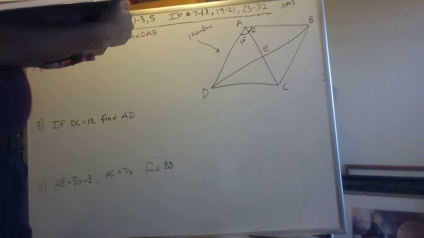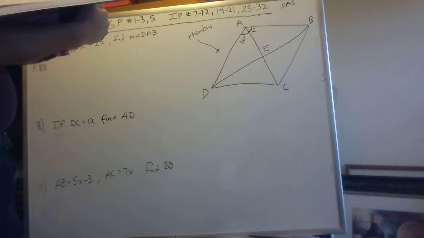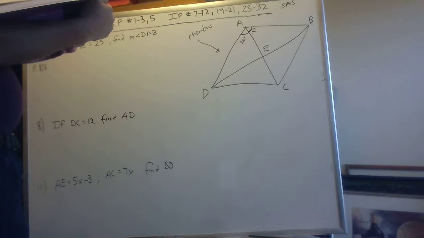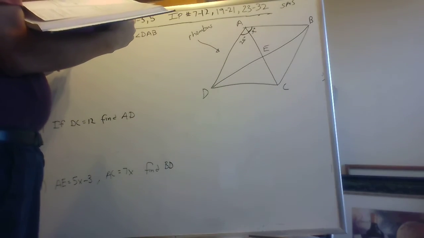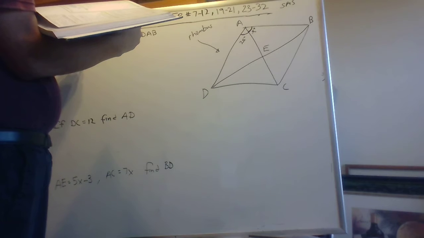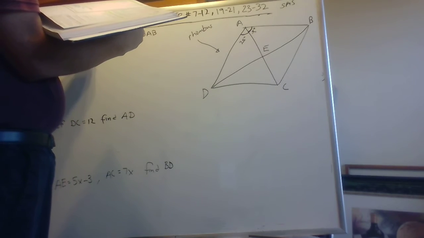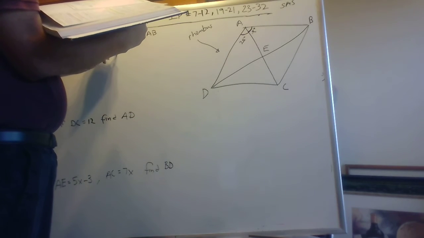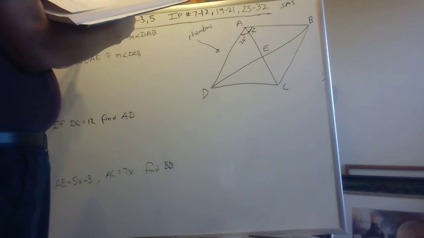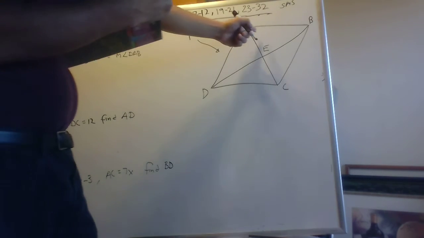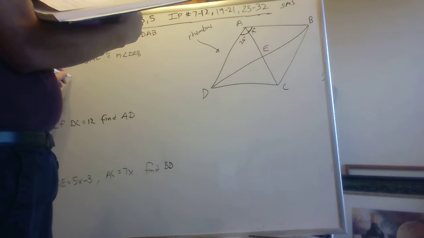What it says is that if a parallelogram is a rhombus, then each diagonal bisects a pair of opposite angles. So if this bisects these two angles, that means the measurement of DAE is congruent to the measurement of DAB. Since DAE is 25, that means that x is also equal to 25 degrees.